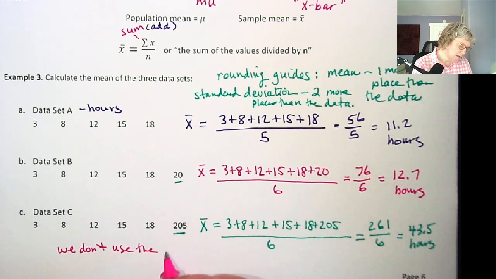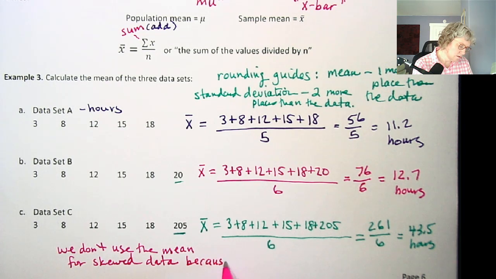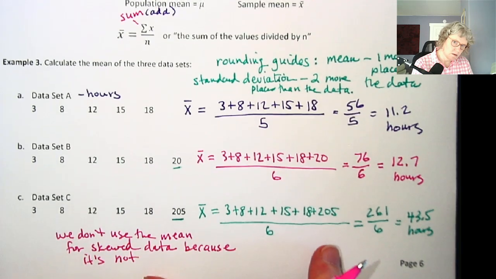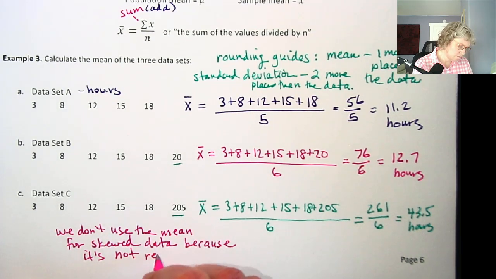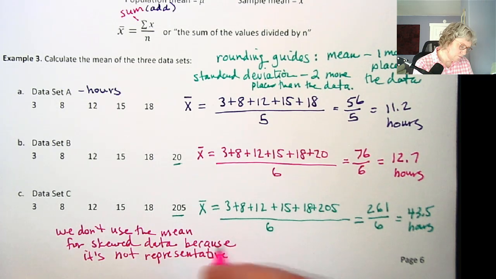We don't use the mean for skewed data, because it's not representative of a typical value.